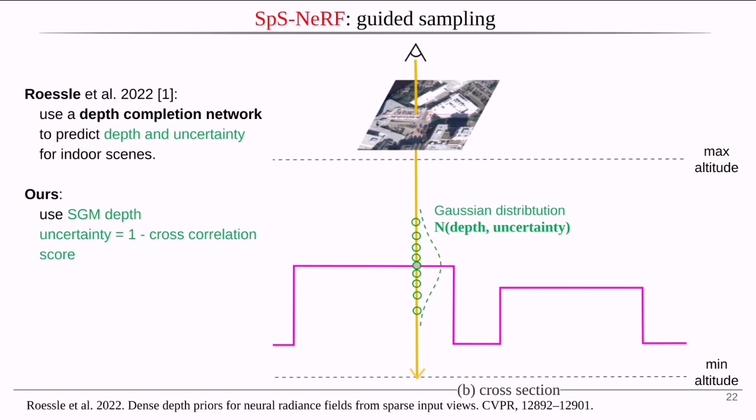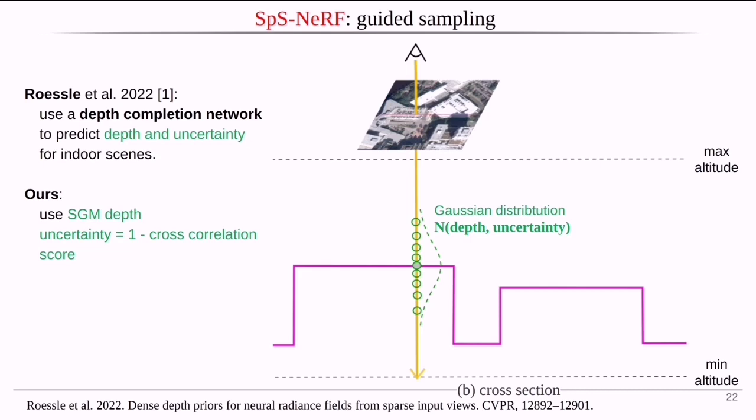It is inspired by a similar idea from Rosslow's paper to distribute the samples along the ray as a Gaussian distribution N. The mean value of the distribution is defined by depth, and the standard deviation is defined by uncertainty.